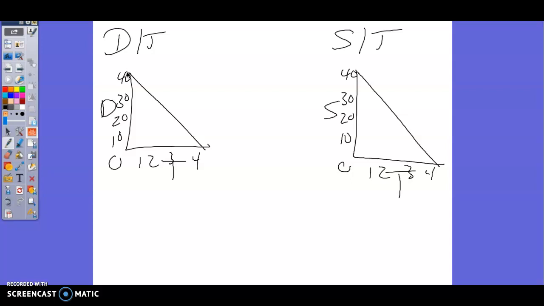Let's knock the easy part out. What is this not? Not going downhill.